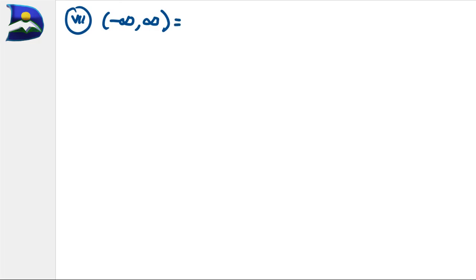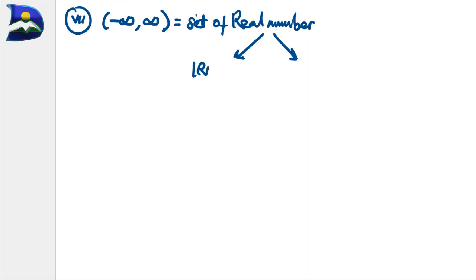This tells you that we are including all numbers on the number line. In this case, these are indeed the set of real numbers. Real numbers, remember, are numbers that are either rational or irrational, and that is what you're including in here.